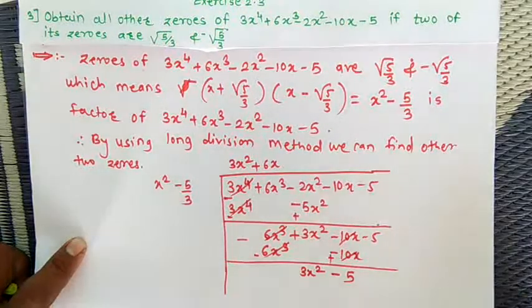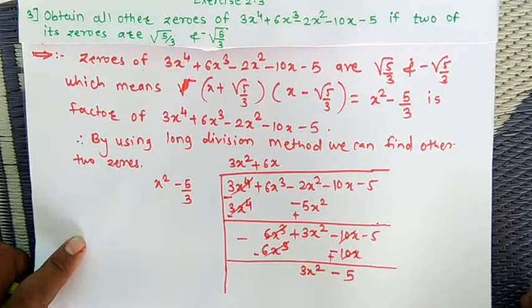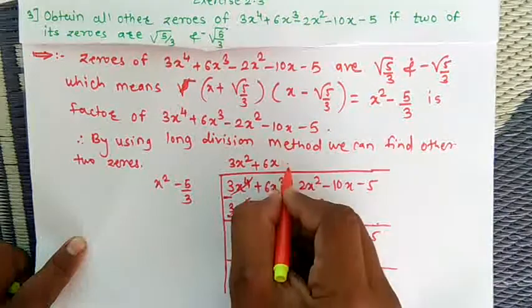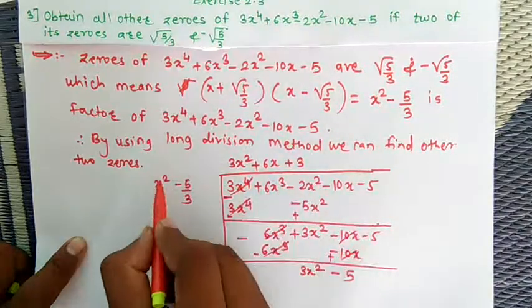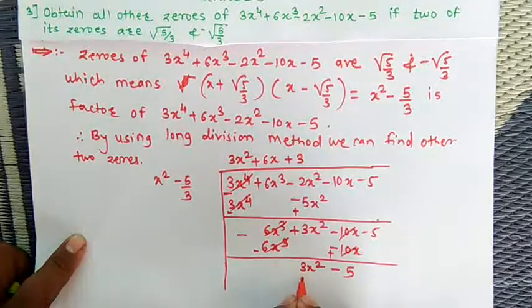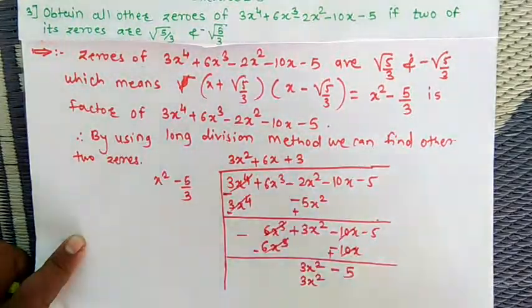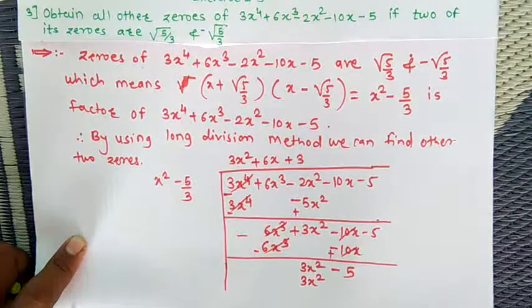Now what is the next term of the quotient? The next term of the quotient will become plus 3. 3 into x square is 3x square, minus 5 by 3 into 3, how much?